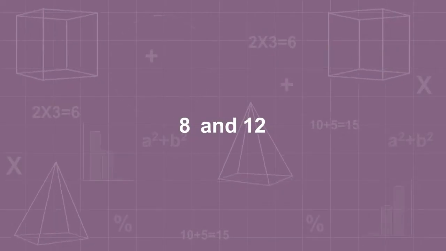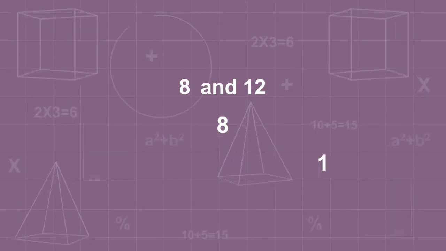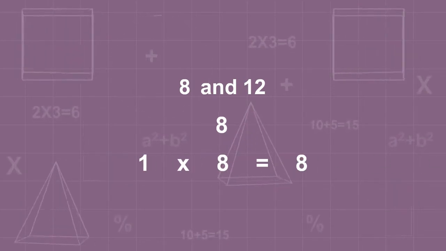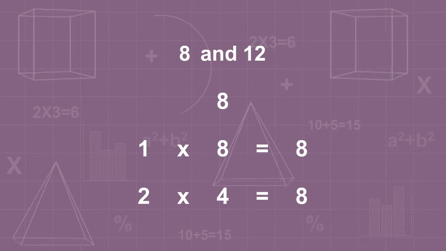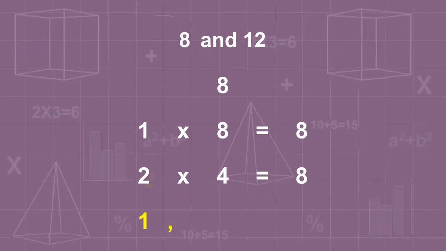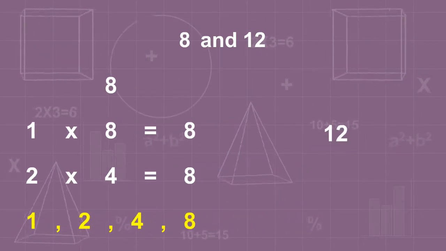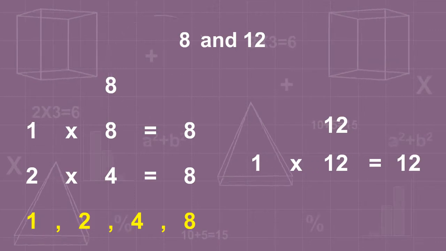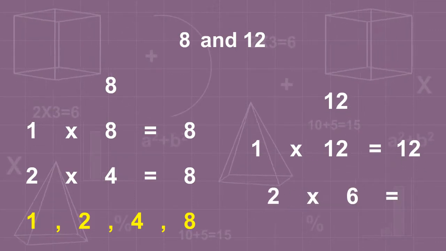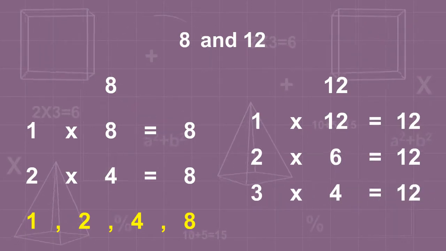For example, common factors of 8 and 12. 8 can be written as 1 into 8 is equal to 8, 2 into 4 is equal to 8. So the factors of 8 are 1, 2, 4, 8. 12 can be written as 1 into 12 is equal to 12, 2 into 6 is equal to 12, 3 into 4 is equal to 12.